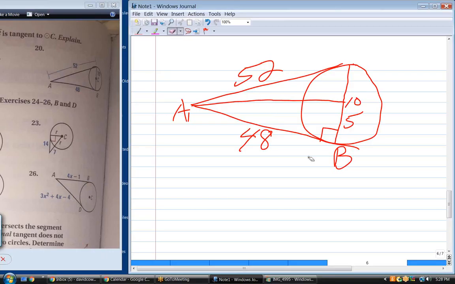The more I look at this problem, the more we cannot tell whether AB is tangent or not. I don't know. Well, no, I think it's a typo. I don't think we can tell. In other words, maybe that's the proper answer.